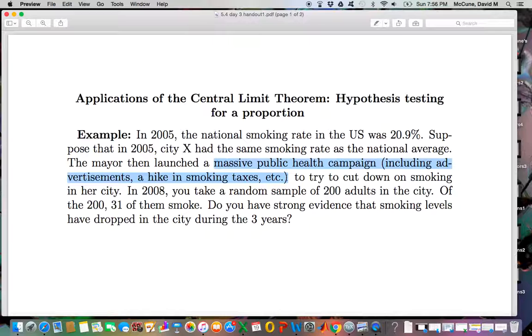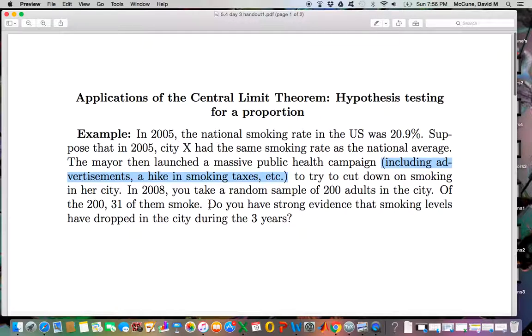That's a question we will table for now because we don't have enough data given this question. But if smoking rates were already falling at some rate, then maybe these measures actually didn't do anything because smoking rates were falling already due to other factors. Who knows? But we are going to put that aside for now and just think about, do we have evidence based on this sampling and this data that smoking rates have dropped?